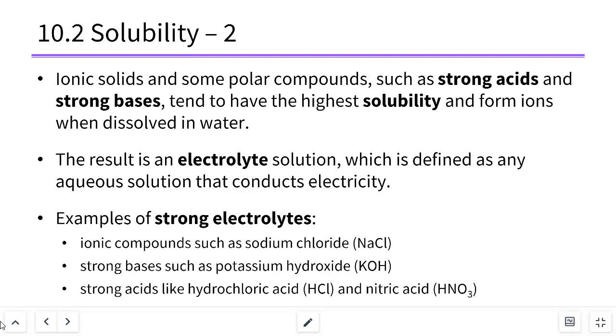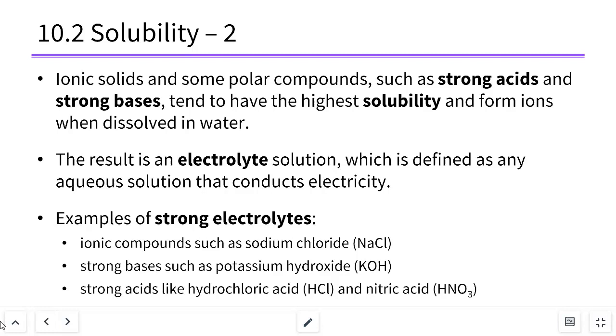Just like we saw with the sodium chloride. The sodium ion gets broken apart and surrounded with water molecules. The chloride ion gets broken apart and separated and surrounded with water molecules. Any ionic compound that dissolves in water is going to create a strong electrolyte solution.